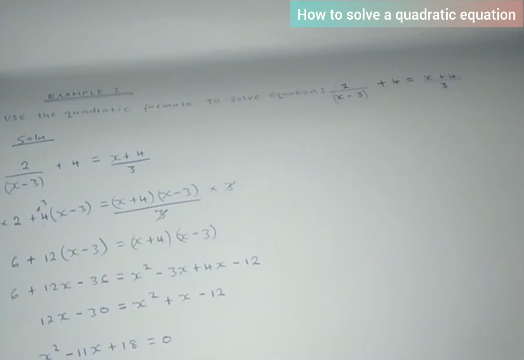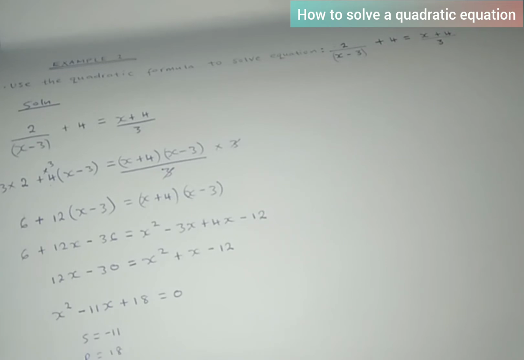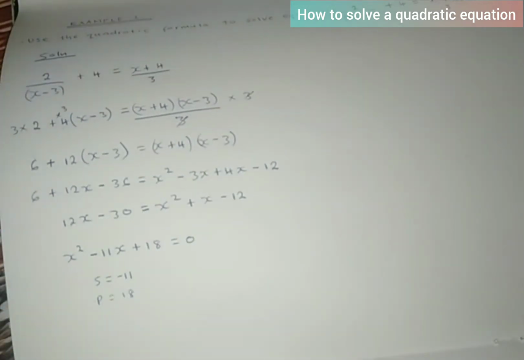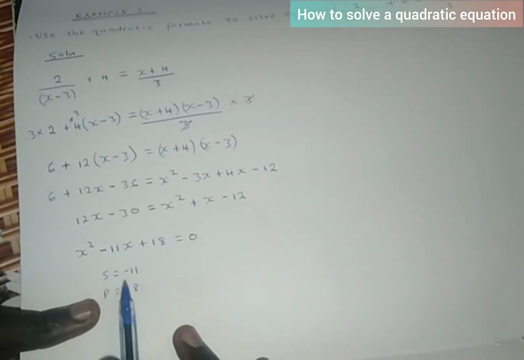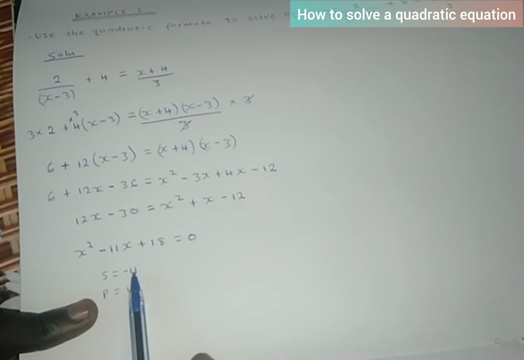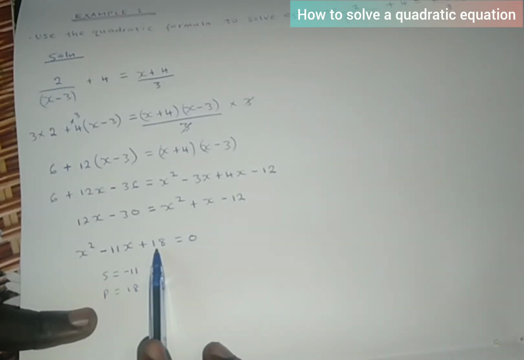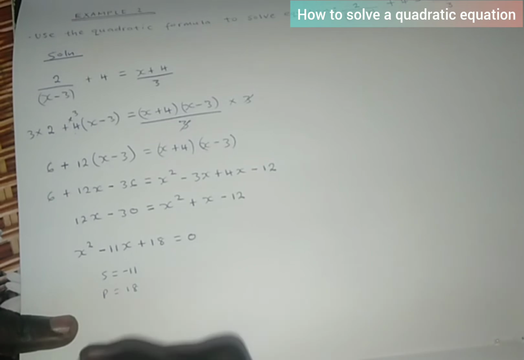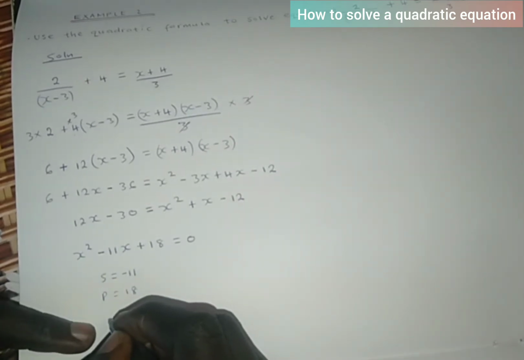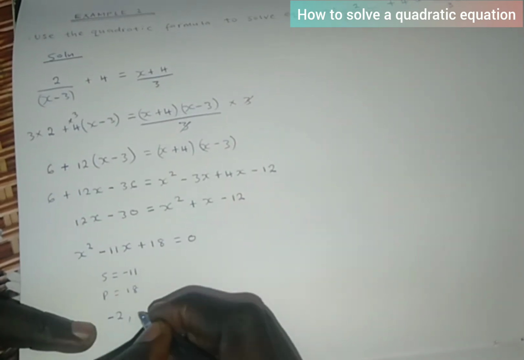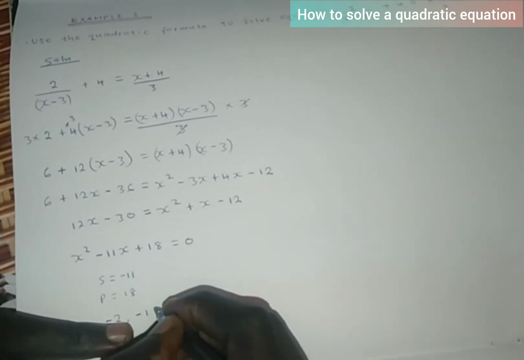So let's look for two numbers, two values like that. If we add, the sum will be negative 11 and product will be positive 18. Those values are negative 2 and negative 9.